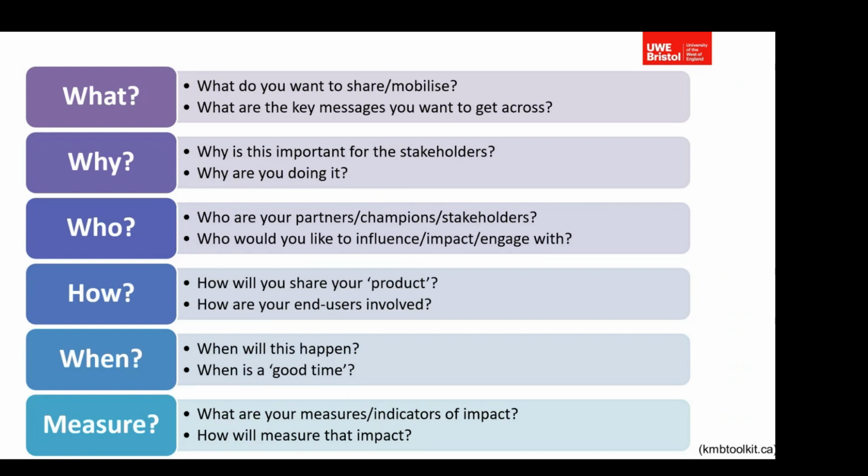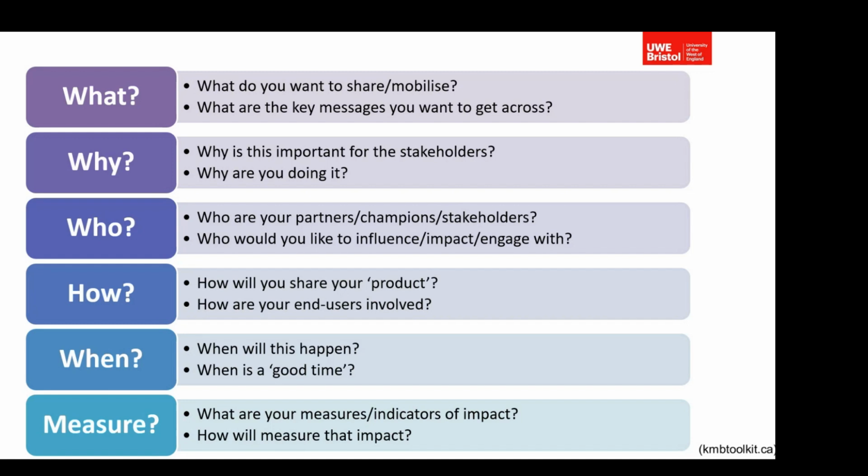When might this happen? I think this is a really critical one. So what might be the right time for you might not be the right time for other people or the stakeholders that you're looking to influence. So if you can, try to align this to something that's going on within their world. Are they looking to create a plan or a framework in their own organization that yours can align to?